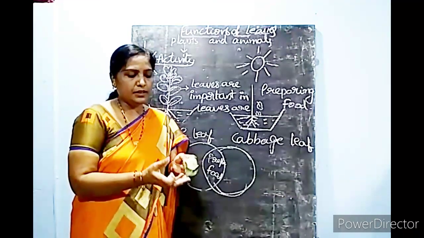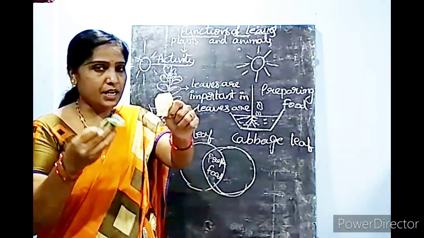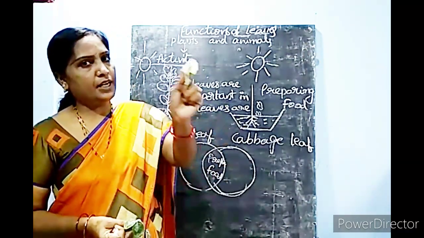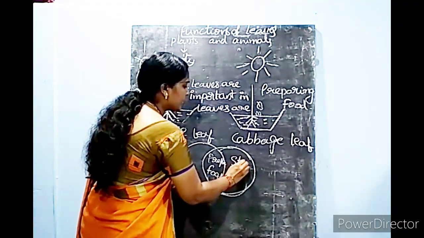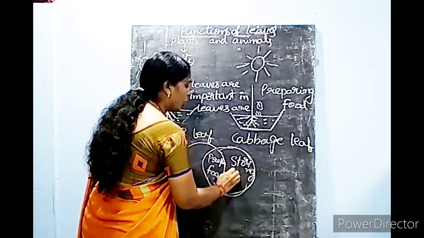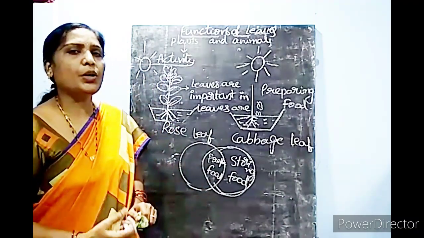And in what way is it different? The cabbage leaf is even storing the food. It's also preparing food and it is also storing food. So that is the extra function, storing food. Along with preparation, cabbage is also storing food.